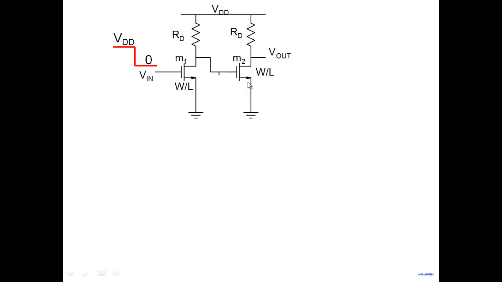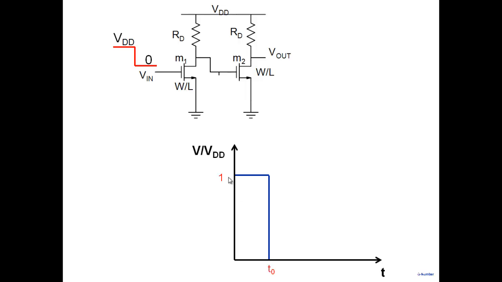Same size, same everything for the sake of discussion. And let's look at the case where my input is making a transition from VDD to 0. So the output will go from low to high. Input is going from high to low, and the output will go like this here.